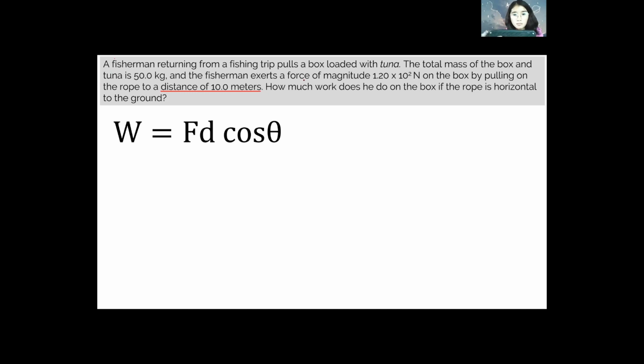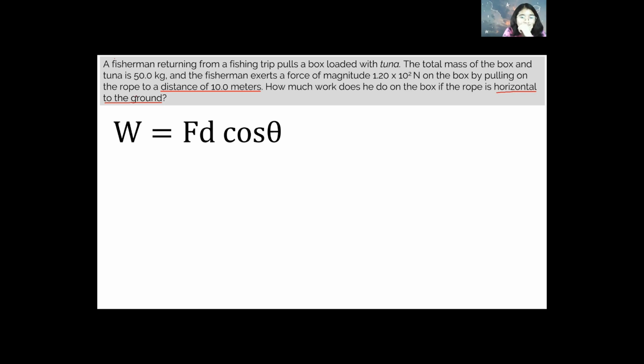For angle theta, since in this case the fisherman is using a medium, which is the rope, and the rope is horizontal to the ground, then angle theta is equal to 0. Okay, so now for the force.